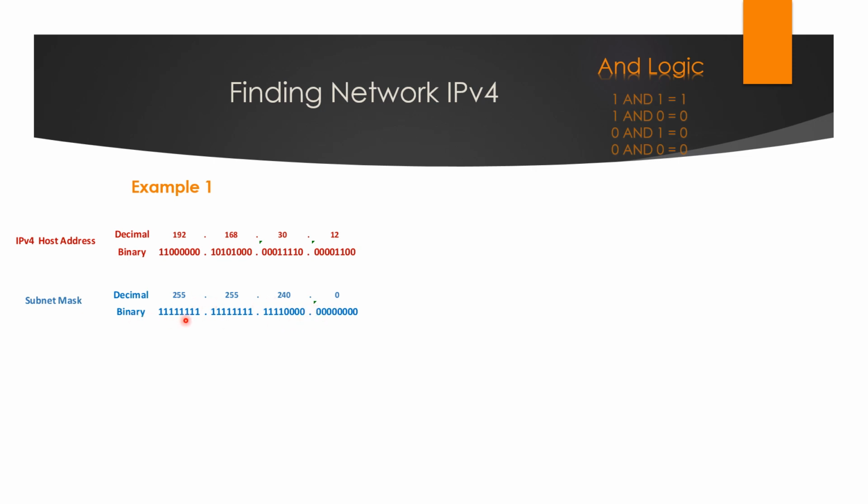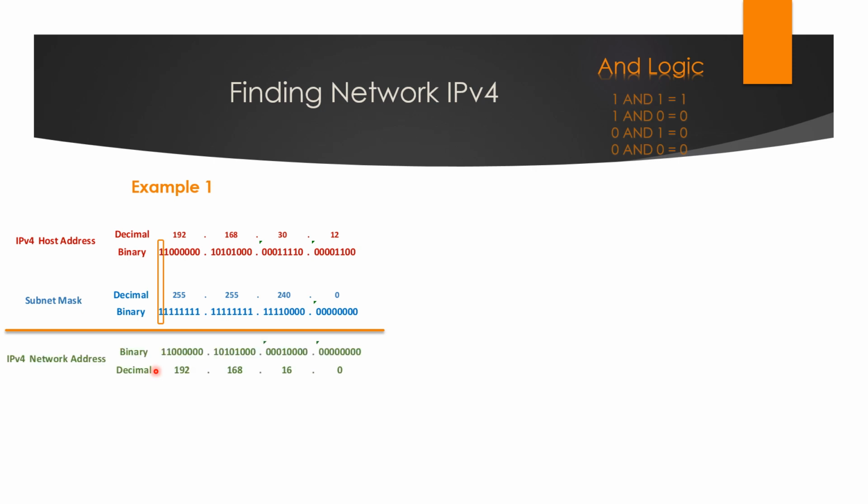We convert that to binary format, and by doing AND bit per bit from left to right, we will be able to find the IPv4 network address. If we do that, the IPv4 network address will be 192.168.16.0.